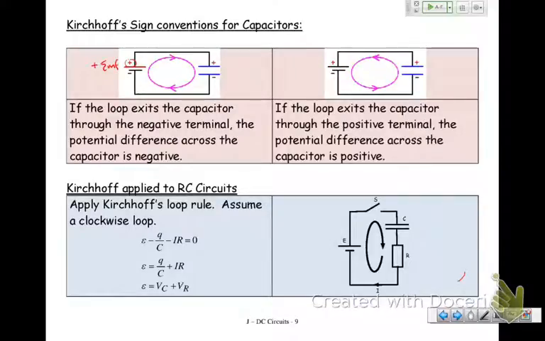But that same loop, because the negative is connected to the negative and the positive is connected to the positive, must be exiting the capacitor via the negative. So that is a negative potential difference. When you add those together, negative cancels out positive, so it equals 0. That's what the loop rule says. So it makes sense.